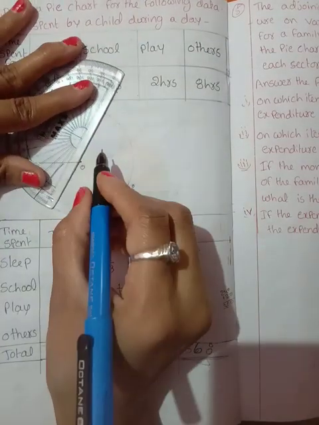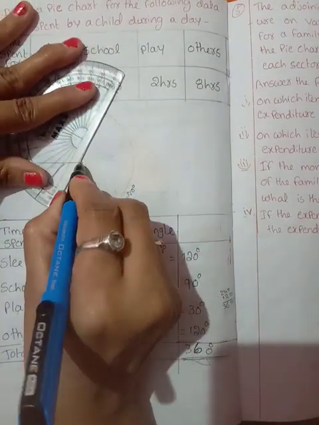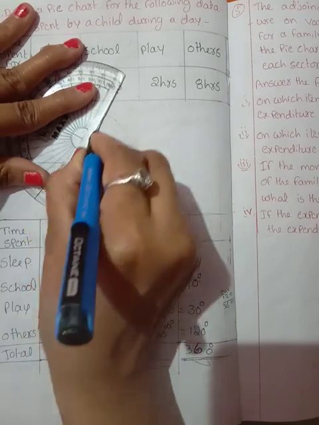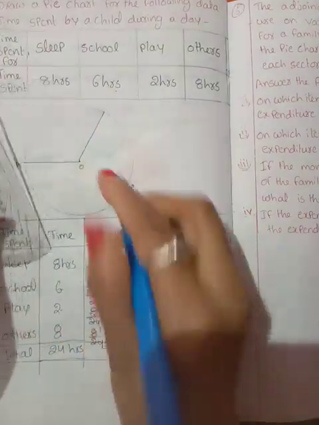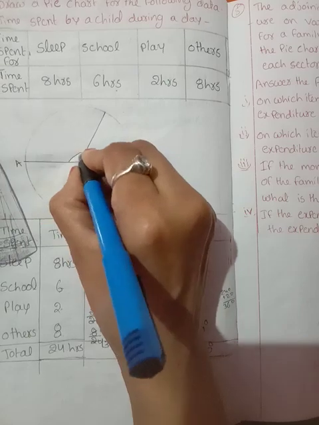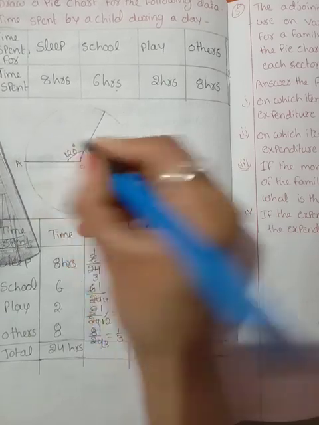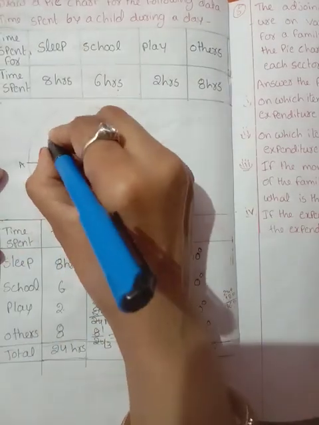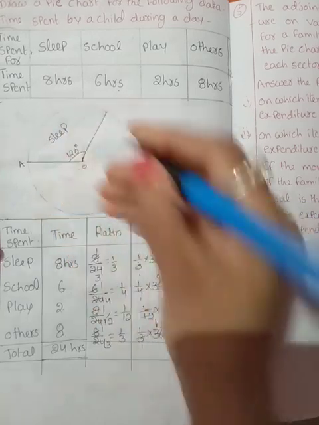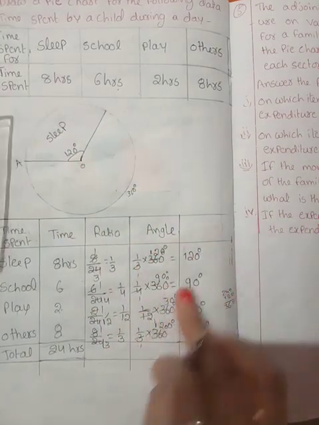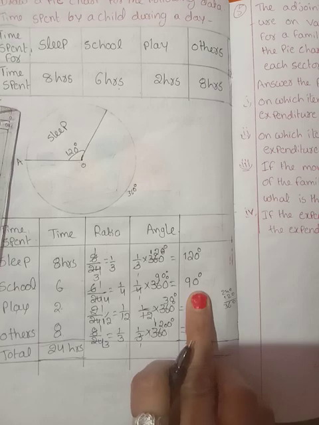Okay Gagan Sai, draw the angles one by one. Here the angle is 120 degrees, which is sleeping. Another one is school, which is 90 degrees.